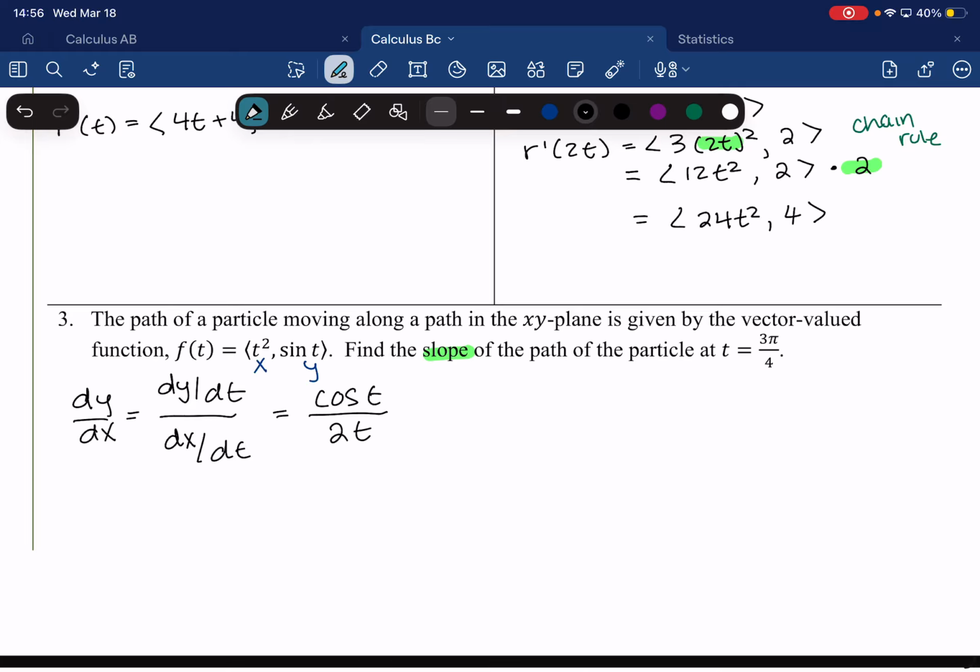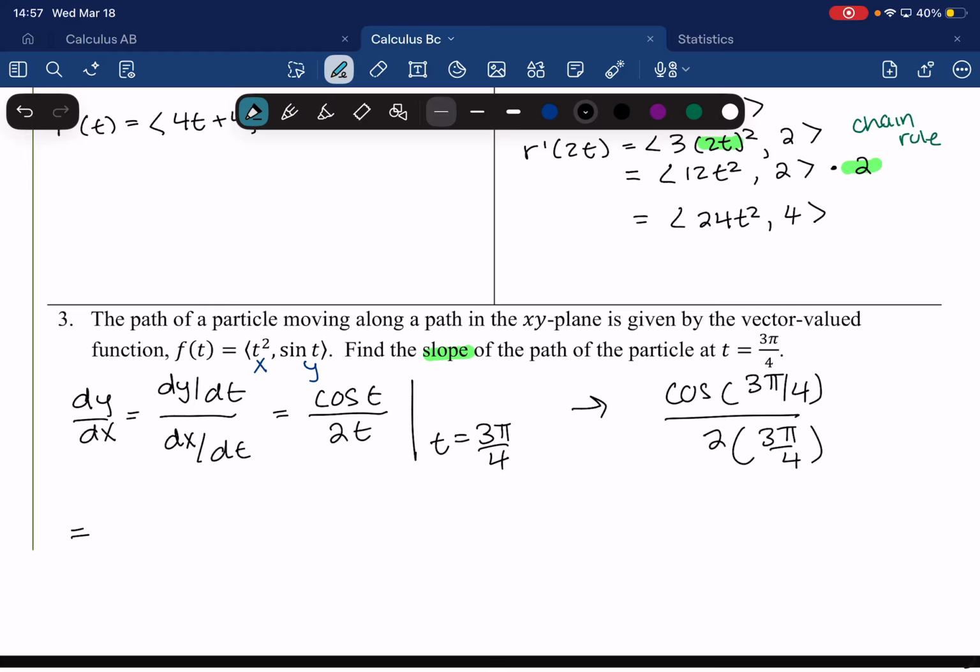Okay, so now that I found dy/dx, the derivative, cosine t over 2t, it wants us to find when t is equal to 3 pi over 4. So I'm going to solve this when t is equal to 3 pi over 4, which means I am going to be plugging in that value for t. So I have cosine of 3 pi over 4 divided by 2 times 3 pi over 4.